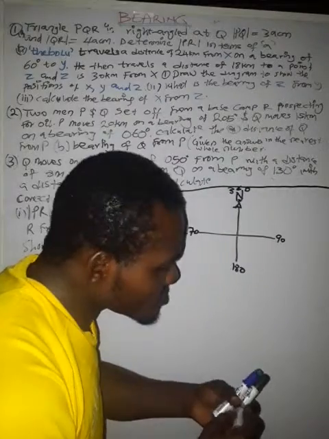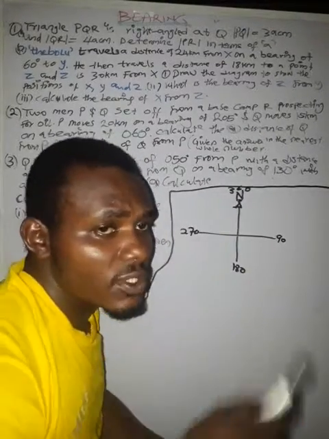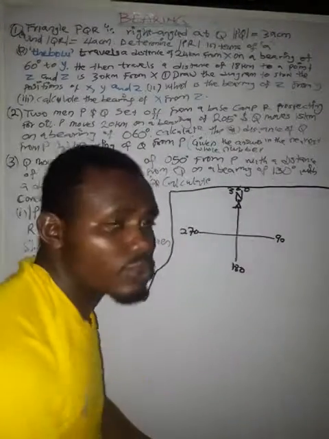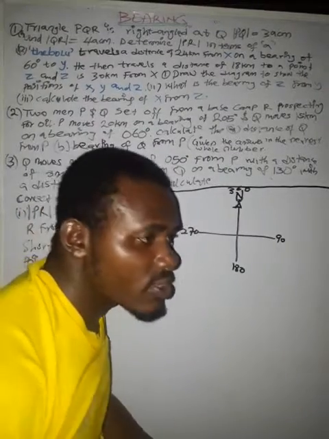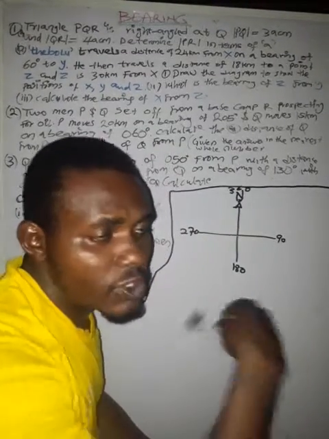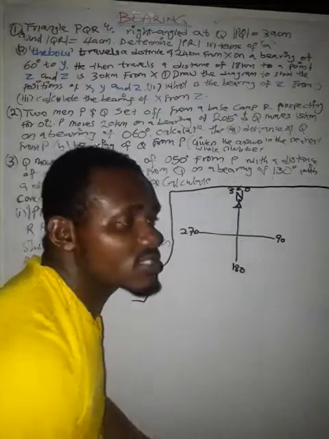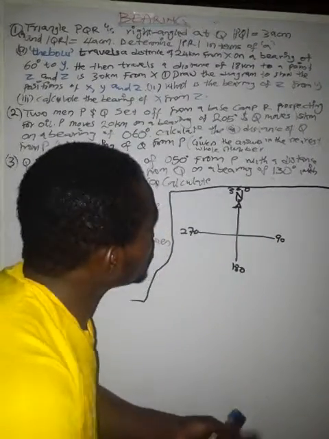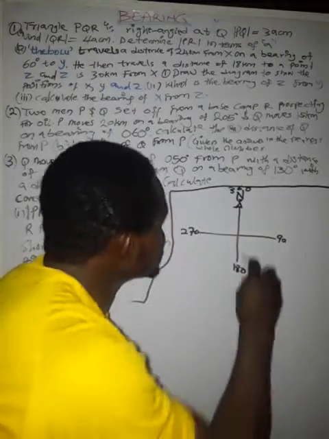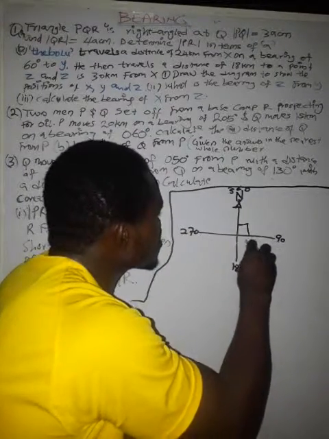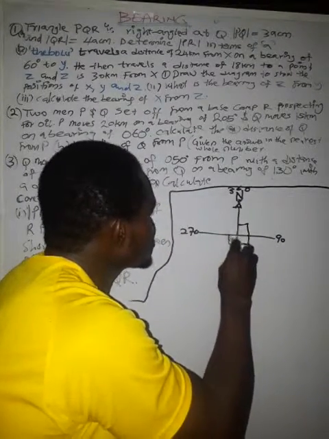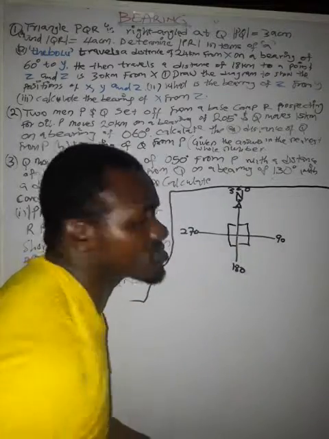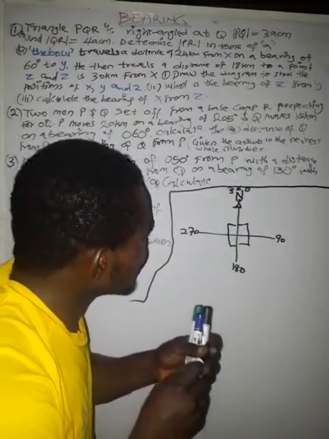Which means if I'm to draw any angle in bearing, I have to start from north, be it 1, be it 100, until 360. I have to start from 0. Each quadrant has 90 degrees, so you must know that each quadrant has 90 degrees. That makes it 360.